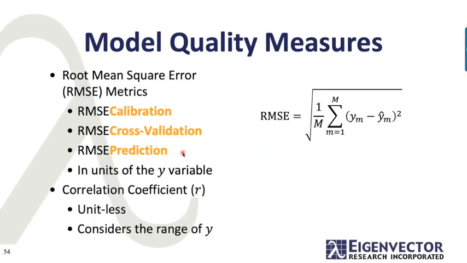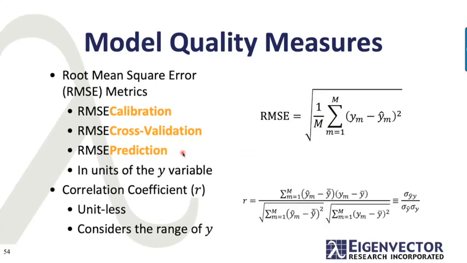That's in contrast to the correlation coefficient. Well, not a big fan of that. The correlation coefficient is unitless, and it also implicitly considers the range of y, which is that for a given error of prediction, if your y values span a wider range, r goes up, it gets closer to 1.